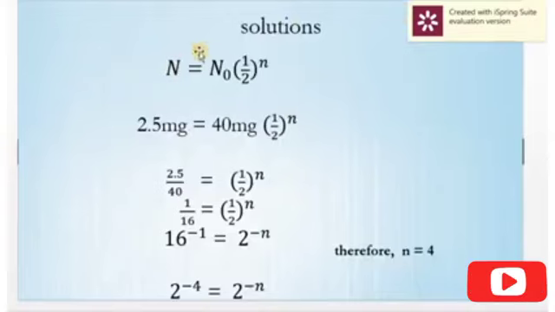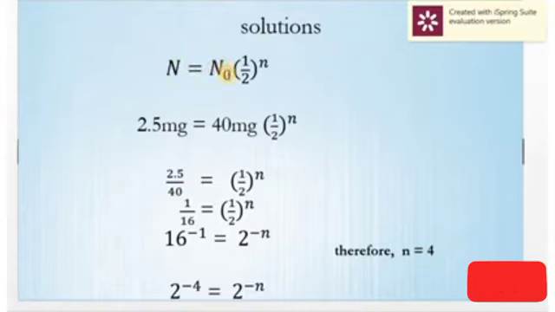So the equation we are going to use to calculate the number of half-lives of a sample is this. In this equation, capital letter N stands for the amount that is remaining. It could be activity or it could be the amount. In this case, this question is dealing with the amounts. So N is the amount that is remaining after that time has elapsed.